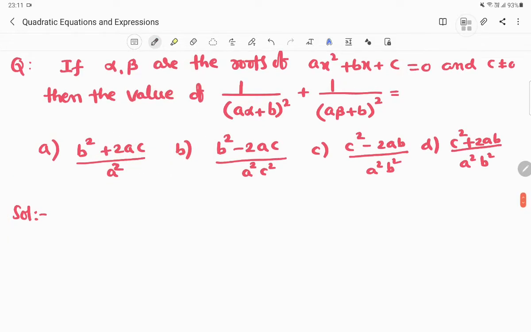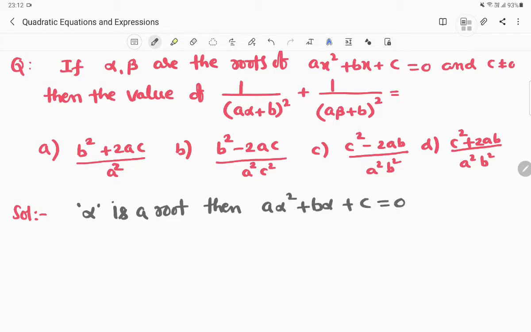Whenever alpha, beta are the roots of the quadratic equation, we can write like this. Alpha is a root, then a alpha square plus b alpha plus c equal to 0. So a alpha square plus b alpha is equal to minus c. Take alpha common: alpha into (a alpha plus b) is equal to minus c.